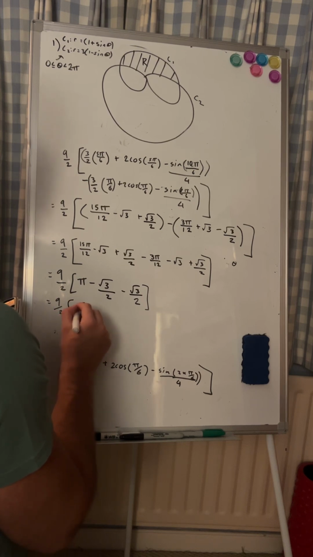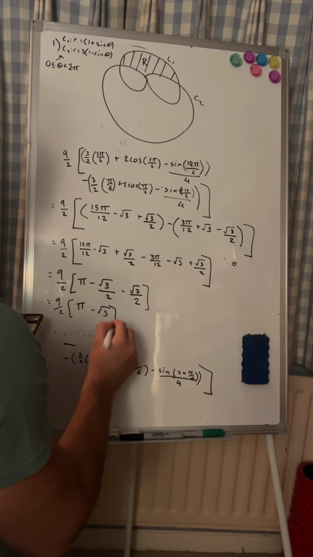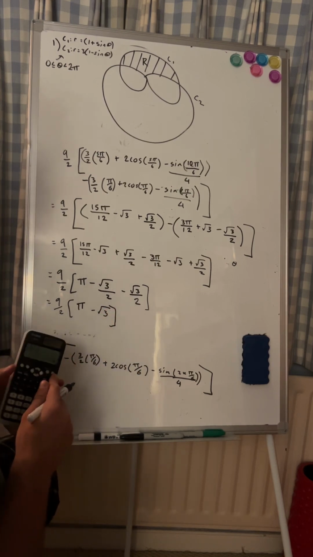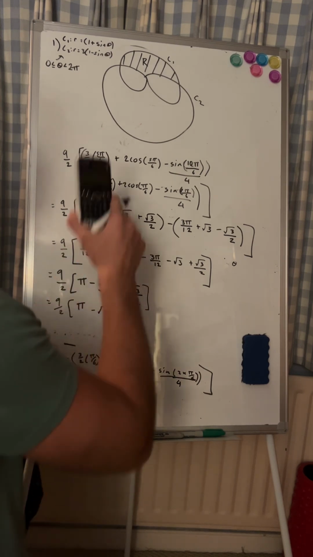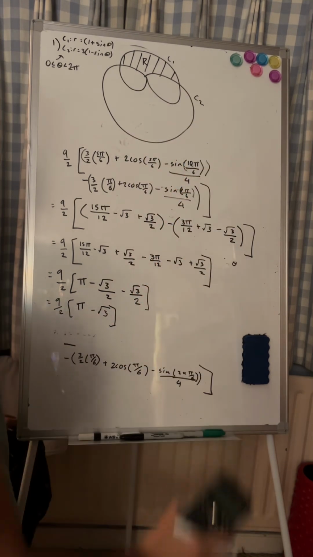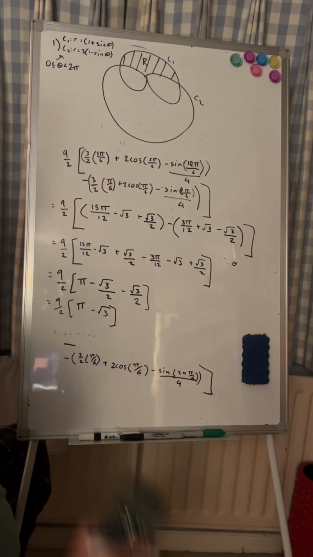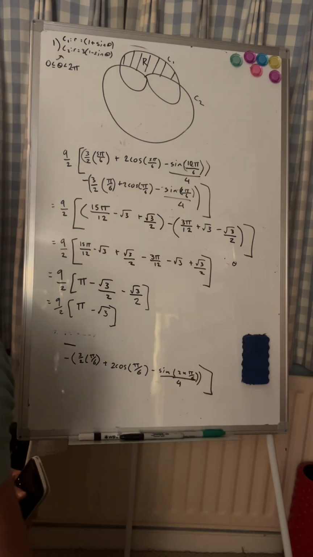Something is off here. Don't you hate when maths is off? Where did root 3 over 2 go wrong? Guess what I did? You should divide it by 4. I didn't divide it by 4.